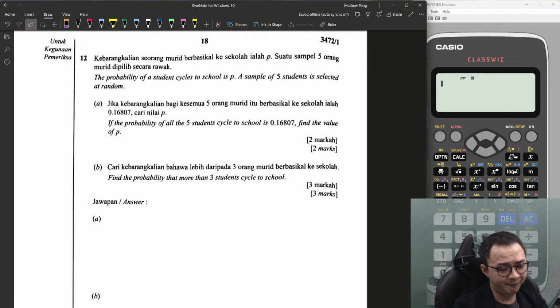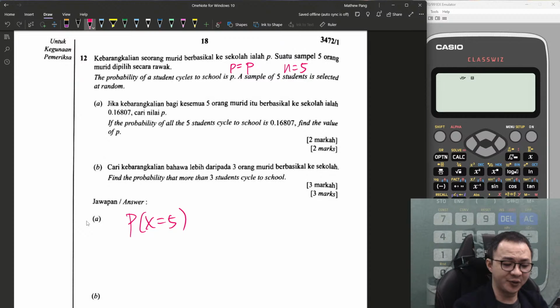Question 12, binomial distribution. The probability of a student cycling to school is p. A sample, so n is 5, p is p, then q is 1 minus p. 5 students are selected at random. The probability that all students cycle to school is 0.16807.